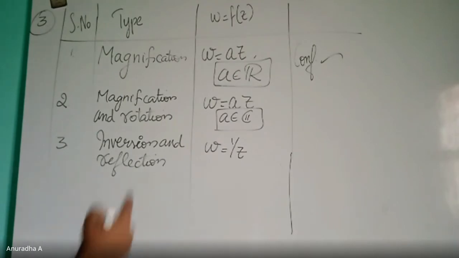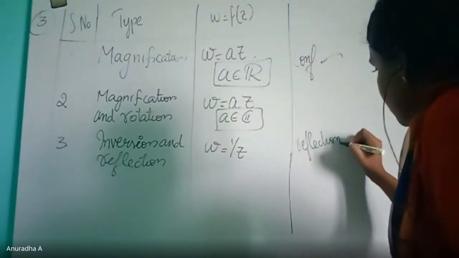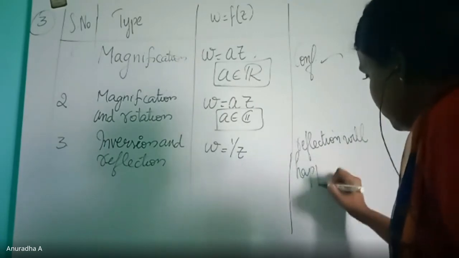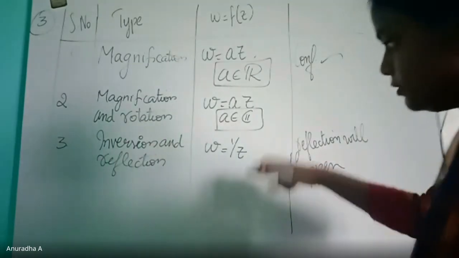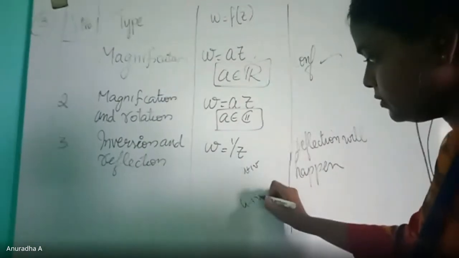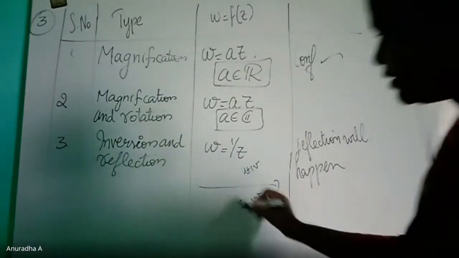Here one more MCQ they can ask: where is the reflection happening? Reflection will happen along the x-axis only. u plus iv will become u minus iv with respect to this horizontal axis. What is this horizontal axis?